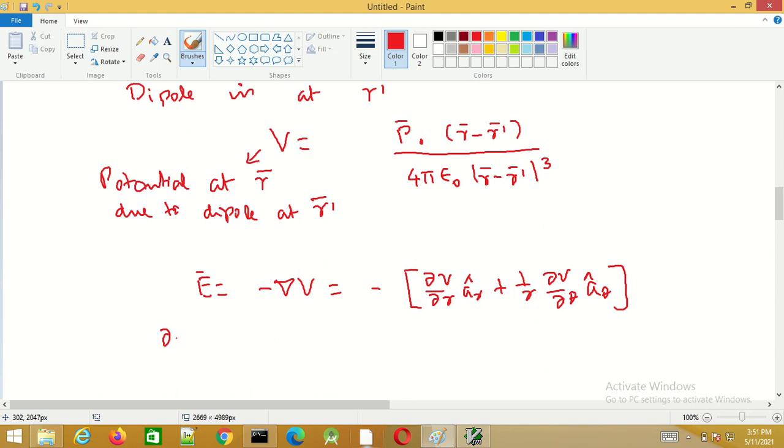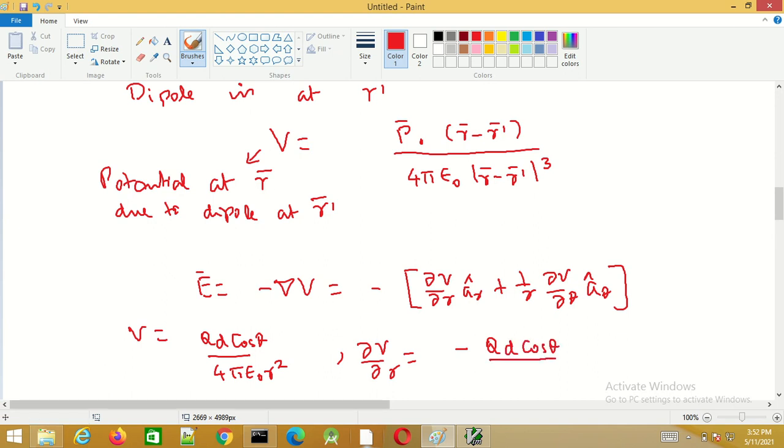Since V is given by QD cos theta by 4 pi epsilon naught r square, dou V by dou R is given by minus QD cos theta by 4 pi epsilon naught, and if you differentiate 1 by r square it will be minus 2 by r cube.